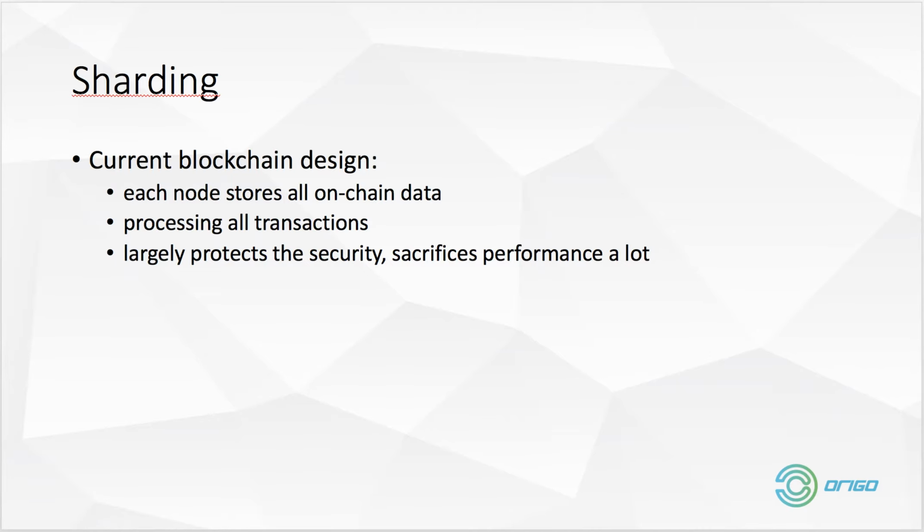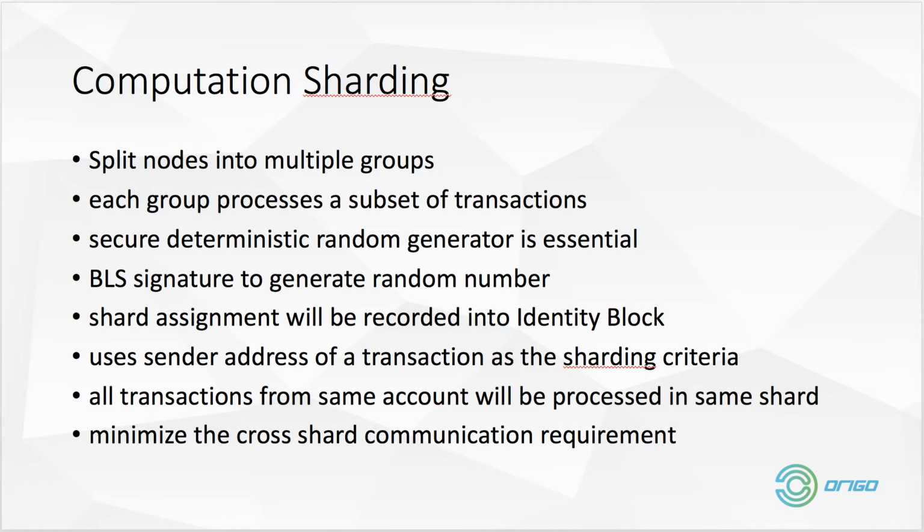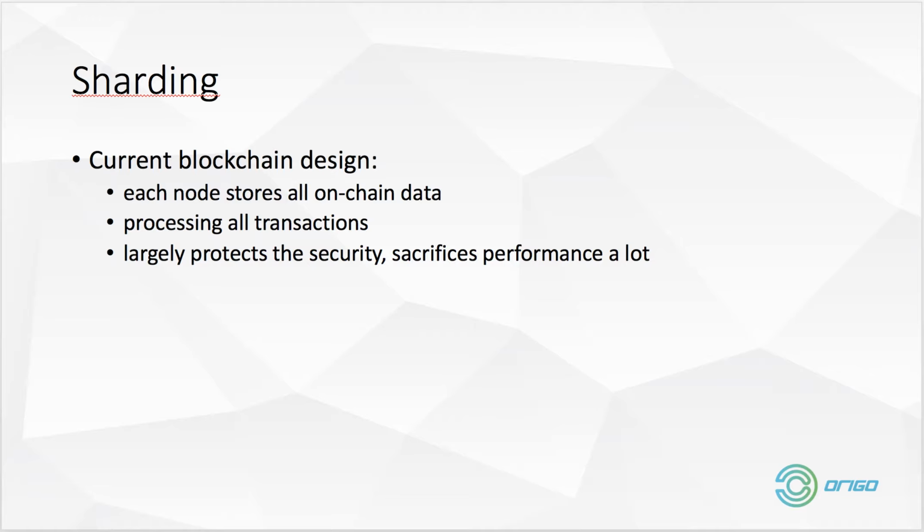Sharding is usually divided into two parts. One is computation sharding, the other is state sharding. Computation sharding is where all of the nodes still have and store all of the data, but when I validate the transaction and run the execution, I divide this work among different shards.